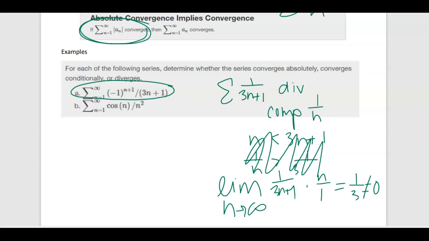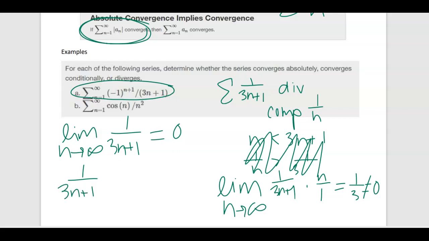What does that mean? Well, that means that because I do have this limit as n goes to infinity of 1 over 3n plus 1 equals 0, and each term needs to be decreasing, there we go.